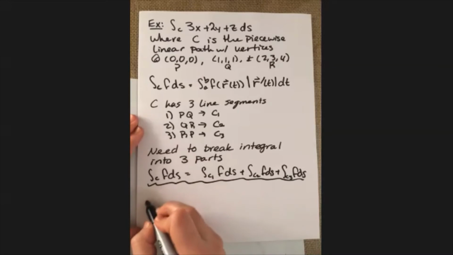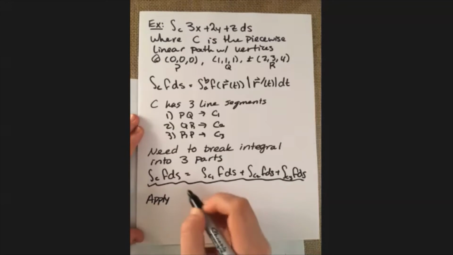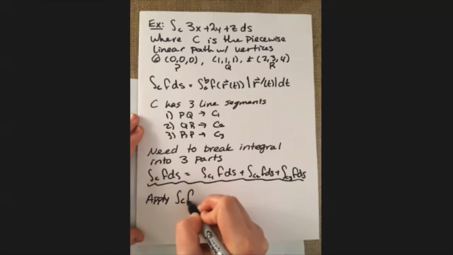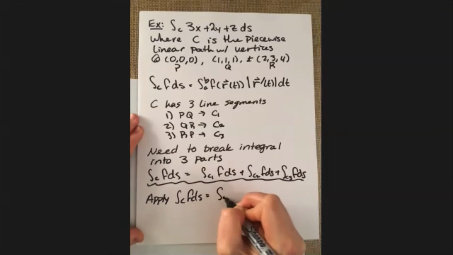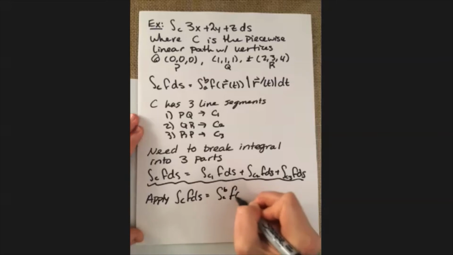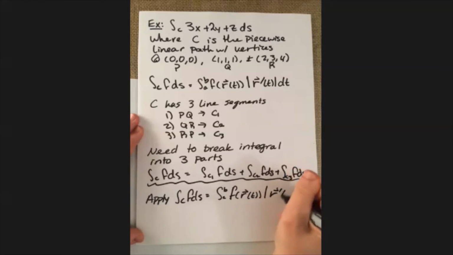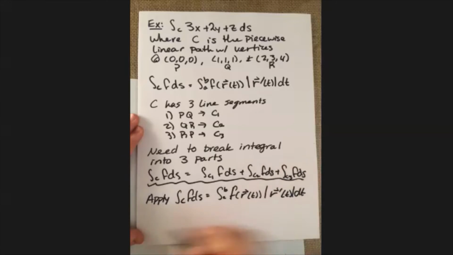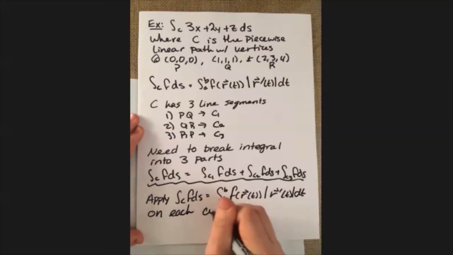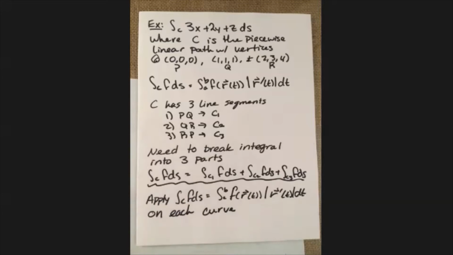So we apply the idea that the integral over the curve of f ds is equal to the integral from A to B of f at r of t times the length of r prime of t dt on each curve.